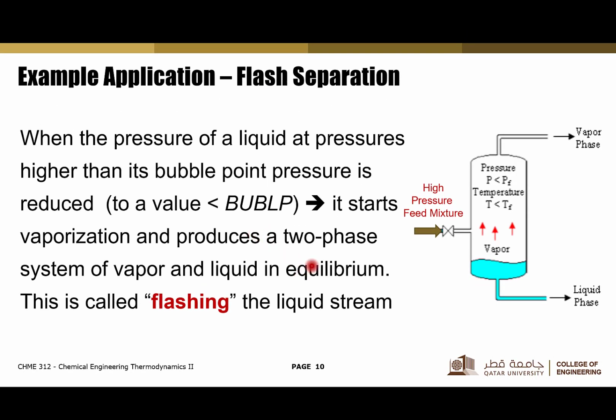This is what I was telling you about, where we have a tank and we feed it with a pressurized liquid. Then suddenly we reduce the pressure, and what happens is its temperature will drop and the two phases will be formed.